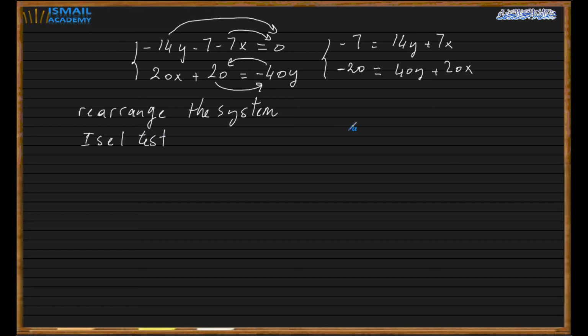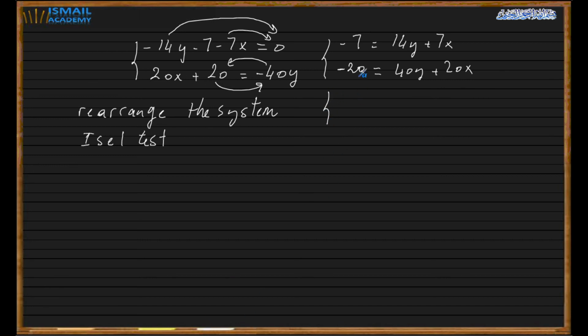Oh, you know what? Let me simplify the system first. Here we have a common factor, which is 7, and here a common factor, which is 20. Let me simplify first, then I do the Isel test.